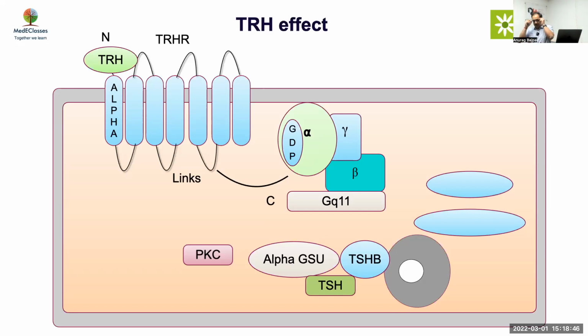They are glycoproteins. All of them are glycosylated, and this is very important, because when I talked about LH, FSH and hCG, I said the more glycosylated you are, the longer the actions will last. TSH is also a glycoprotein.